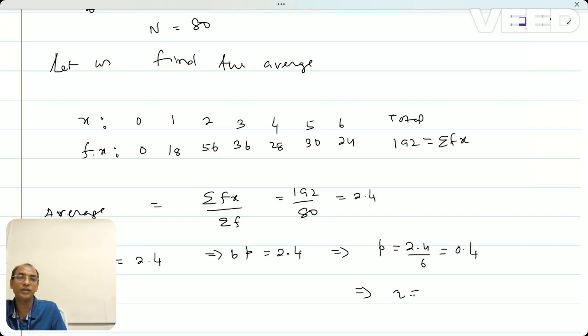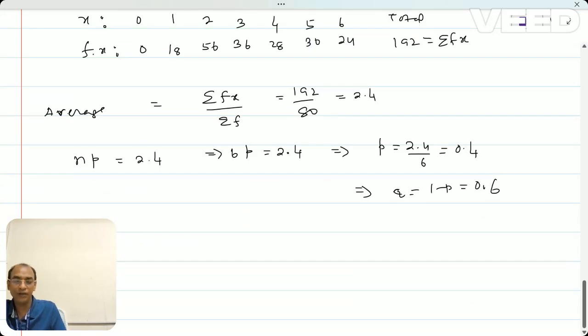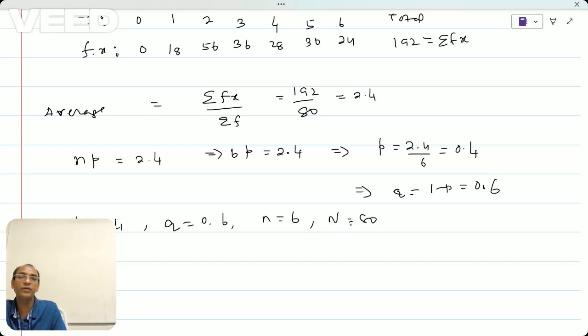Accordingly, q will be 1 minus p, that is 0.6. Now we have p equal to 0.4, q equal to 0.6, n equal to 6, and capital N equal to 80.